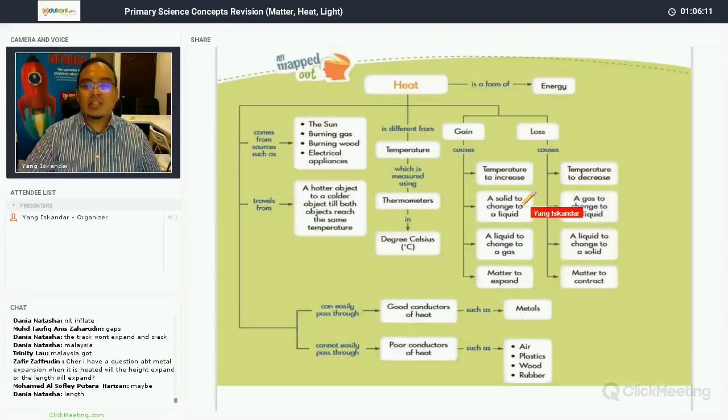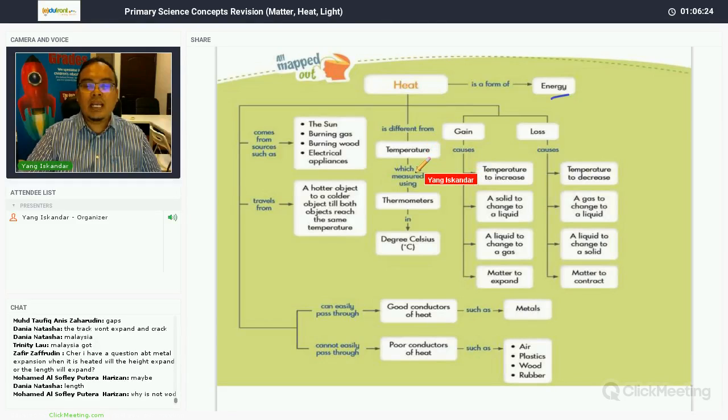Okay, we have come to the end. Let's summarize what we have learned today. Heat is a form of energy. Heat is different from temperature. Temperature you can measure using thermometers, and the unit of measurement is degrees Celsius.